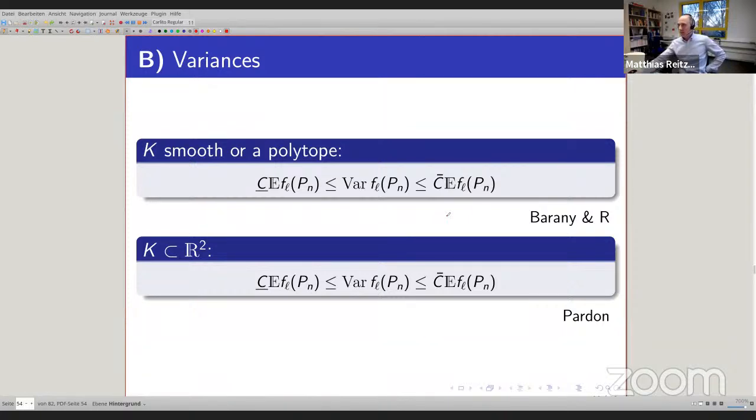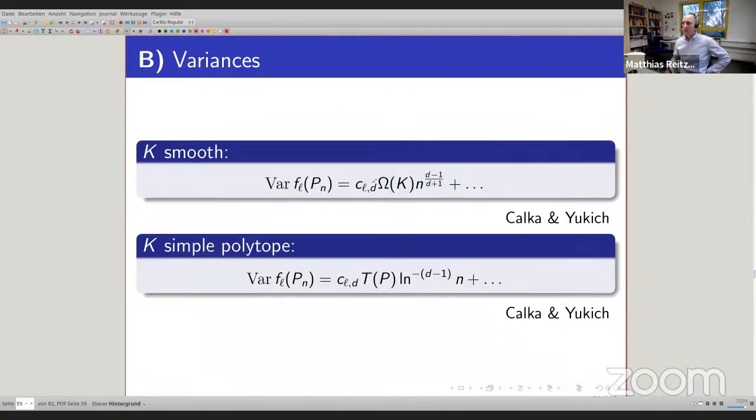And then much more recently, this was also a question yesterday, for the expectation, we have really the asymptotic behavior. And for the variance, we only know the order of magnitude. Whether we can make this more precise, computing the asymptotic behavior of the variance, this is very recent work by Pierre Calka and Joe Yukich. They could prove in the smooth and in the polytopic case, the precise asymptotics.